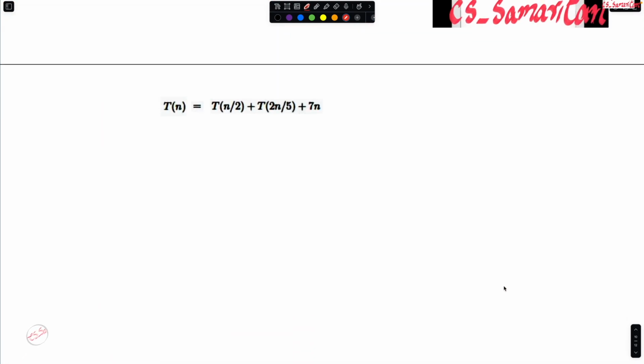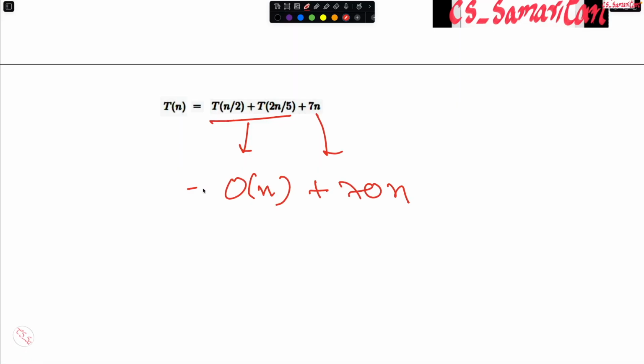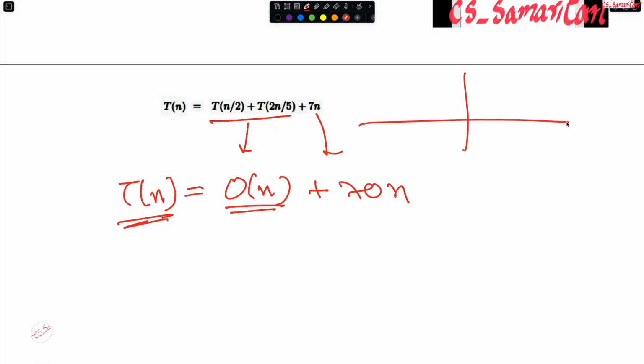Now what do we get? From this part we get big O of n. From this part we have 70n. Adding them together we get T(n). See, this big O of n is an upper limit, right? So it is going to be less than that, right? Because we're considering the worst case when we find the complexity, right? So for that, let's assume that this is theta of n.